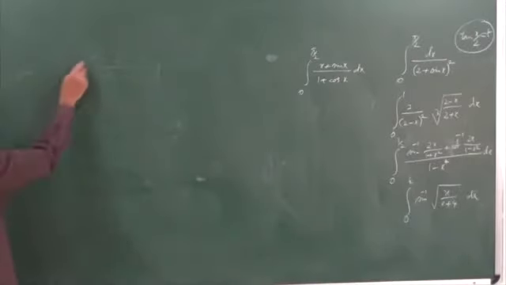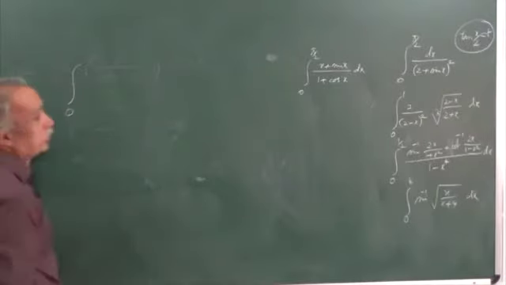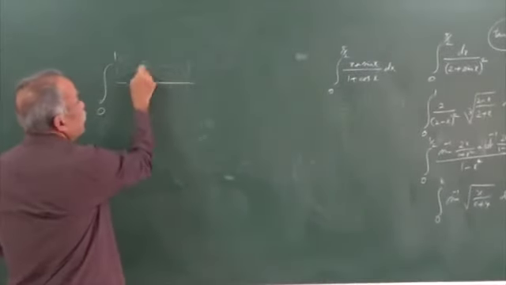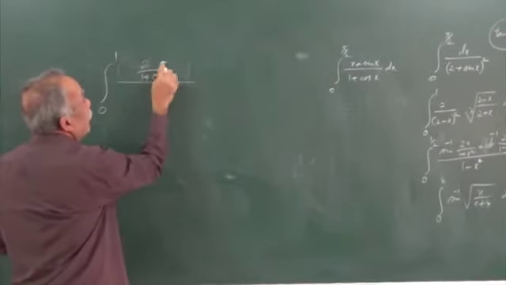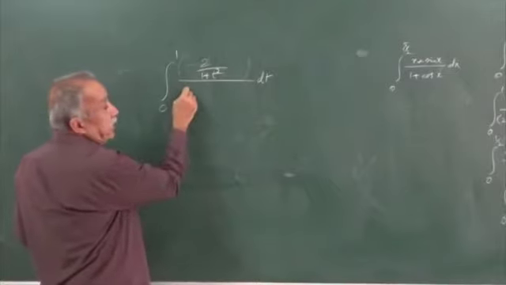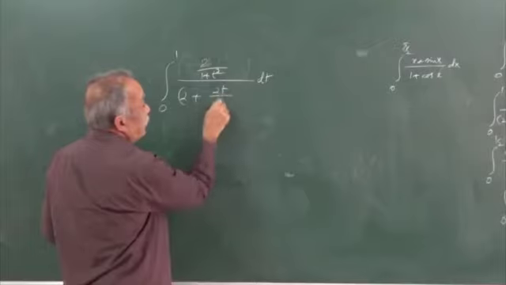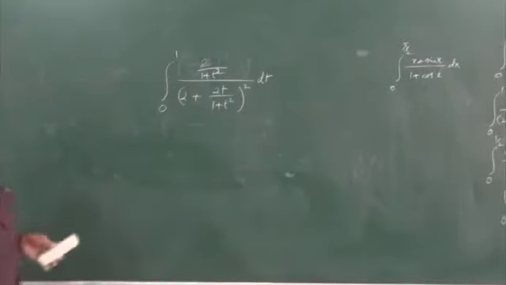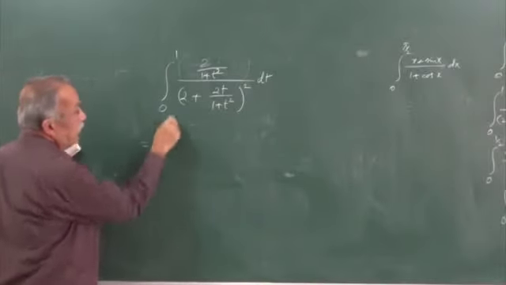The integral becomes tan 0 by 2, lower limit 0, tan pi by 4, upper limit 1, dx is 2 dt by 1 plus t square, divided by 2 plus sin x, which is 2t by 1 plus t square, whole square, and it becomes 0 to 1.